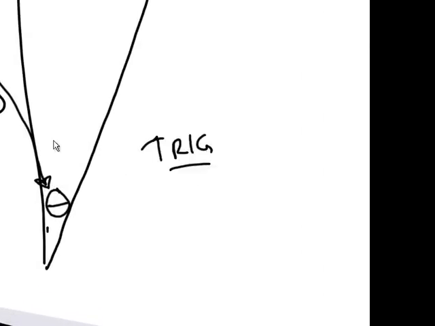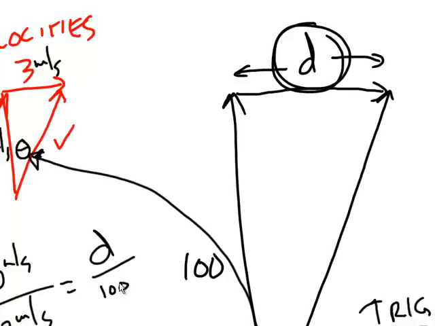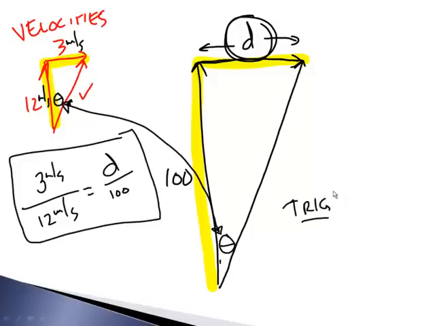If you're not a trig person, another way you could do it is you could say, well, I go 3 meters per second down the stream, I go 12 meters per second across, so I could say my ratio of 3 meters per second over 12 meters per second equals d over 100, because I have similar triangles. And so I could say these sides over each other are in ratio to solve for the distance downstream. You could also do it the trig way. You're going to get the same solution.